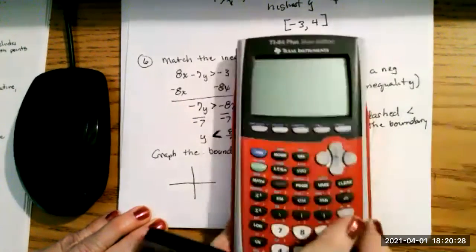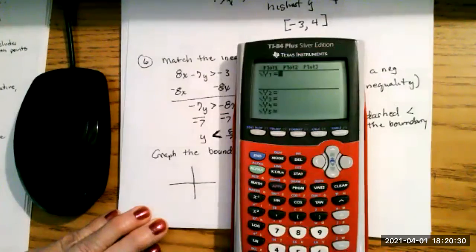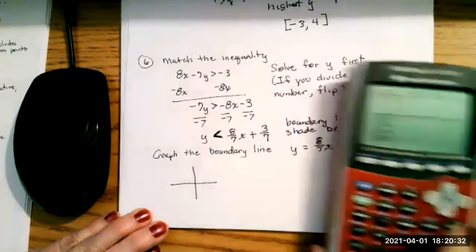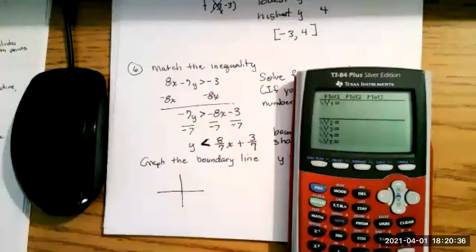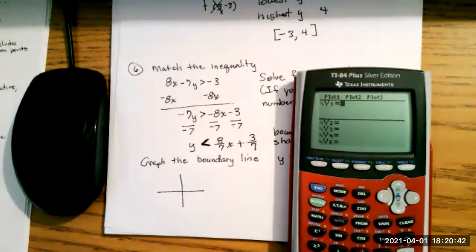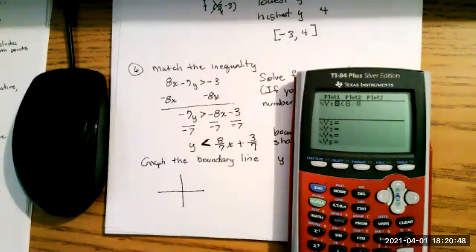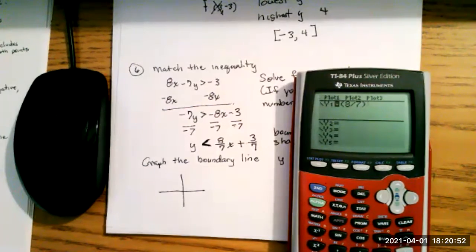So what I'm going to do is graph it on my graphing calculator. Because it has fractions, and my calculator doesn't like for me to put fractions in it unless I do the special fraction thing, that's too much time for me, so I don't do it. I'm going to put a parentheses, 8 divided by 7, to tell the calculator it's a fraction.